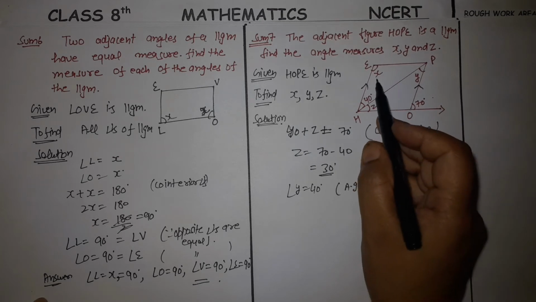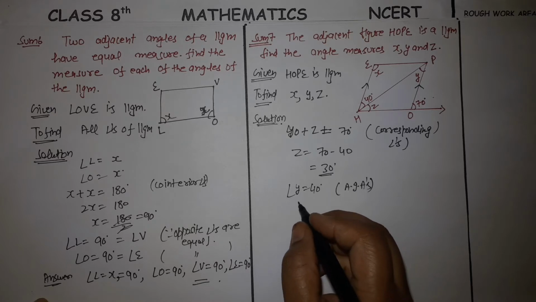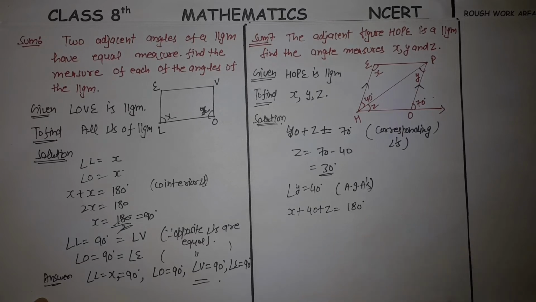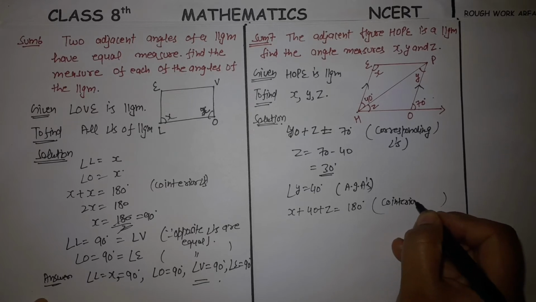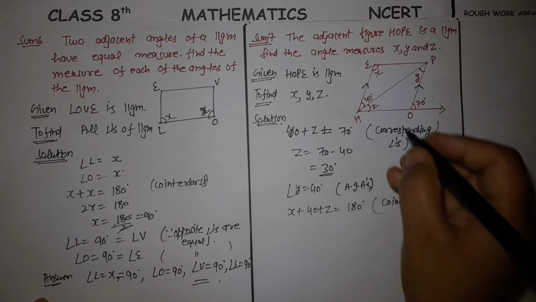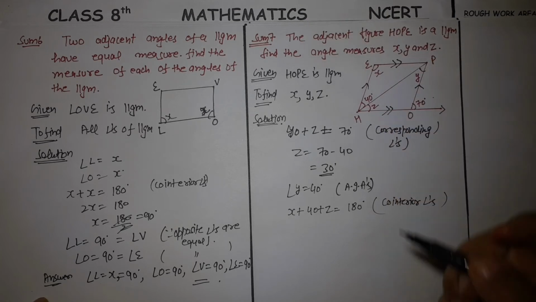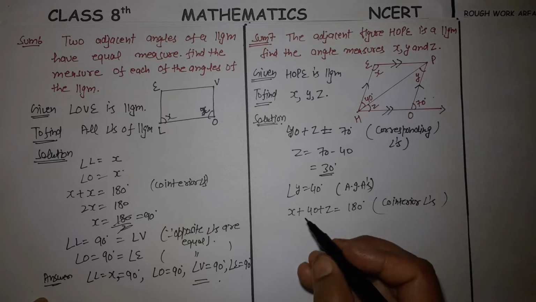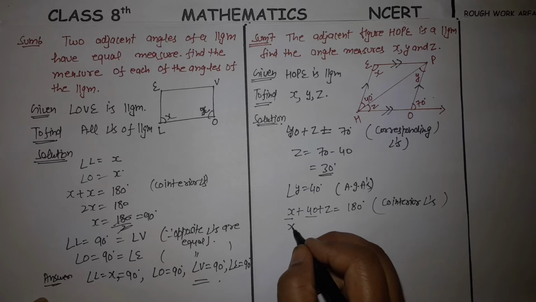Now the left part is x. We can find x by the co-interior property. Angle x plus 40 plus z is equal to 180. Reason: co-interior angles. These two lines are parallel to each other, symbol of parallel. Then angle E plus angle H equals 180. For E you have x, H is 40 plus z.